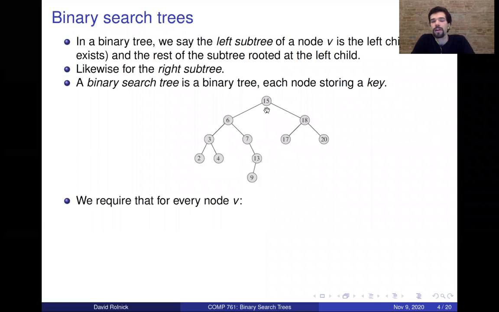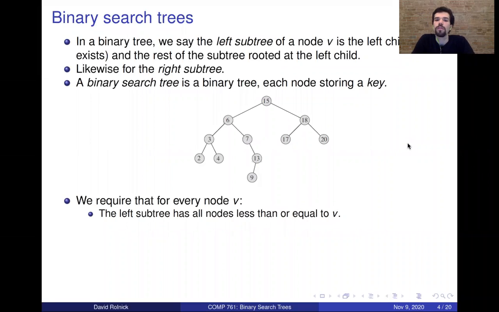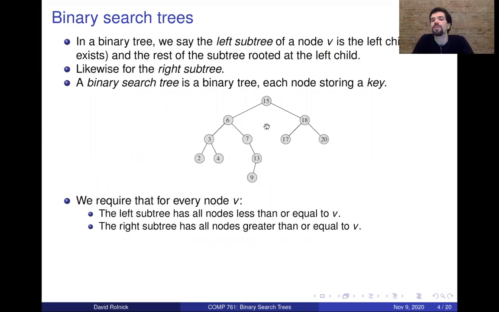In a binary search tree, we require specifically that for every node v, the left subtree has all nodes storing keys less than or equal to the key at v, and the right subtree has all the nodes storing keys greater than or equal to that of v. So here we have 6.